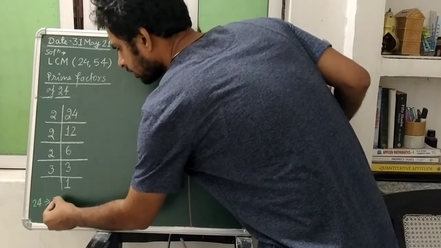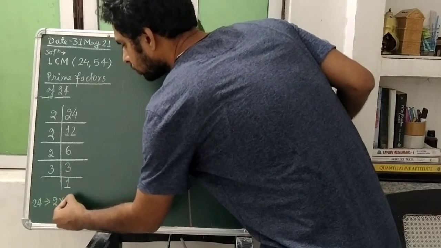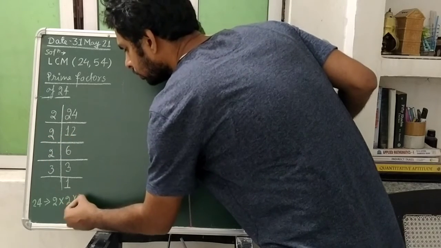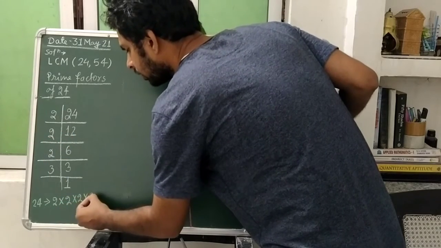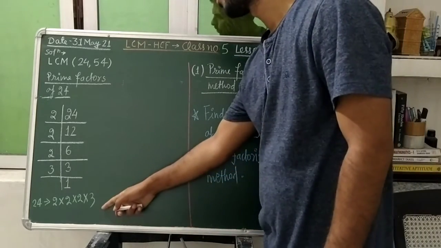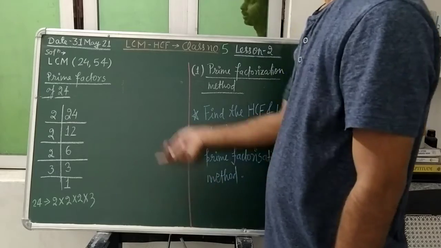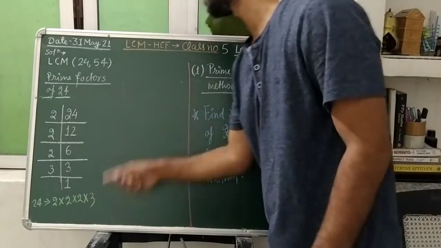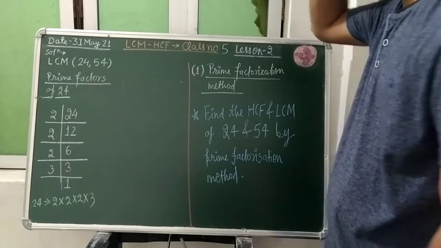Meaning, students, 2 into 2 into 2 into 3. So it will be the general representation of this 24. So it is called our prime factors. So of course this will be the prime factors of the given number.